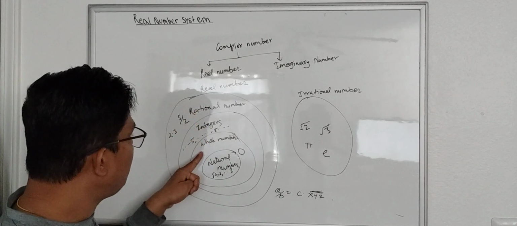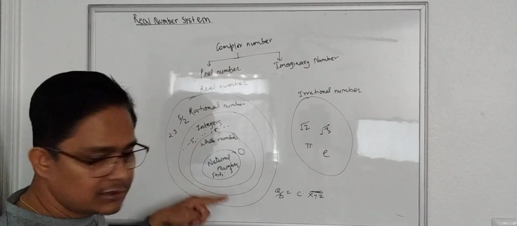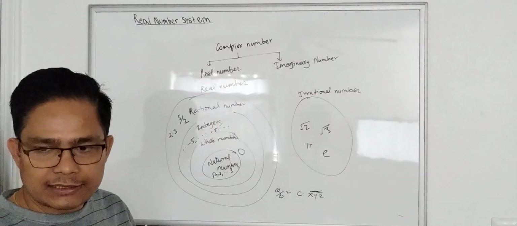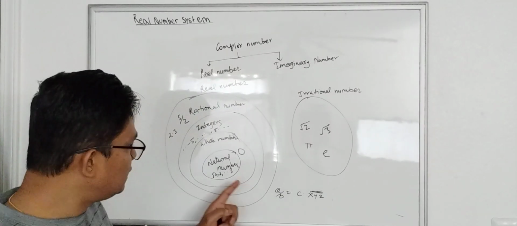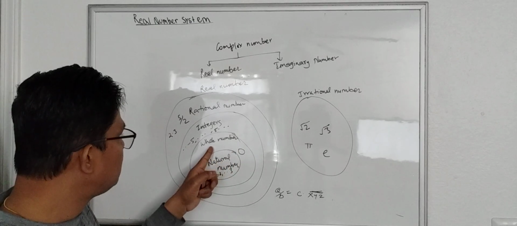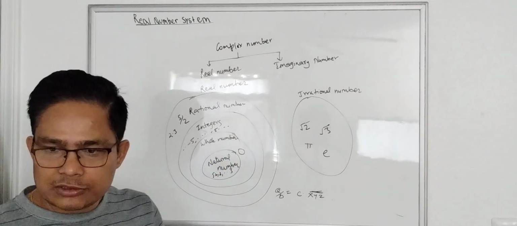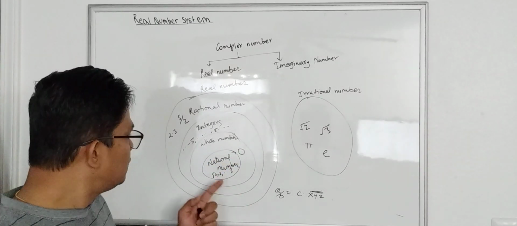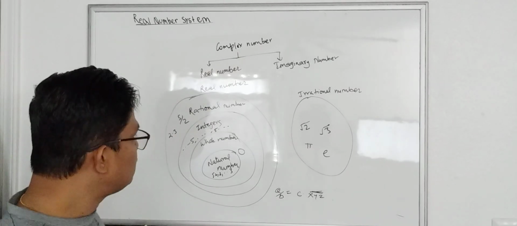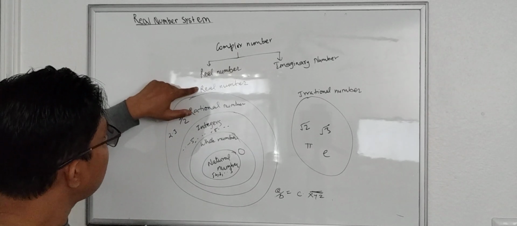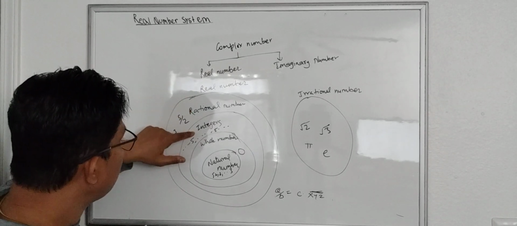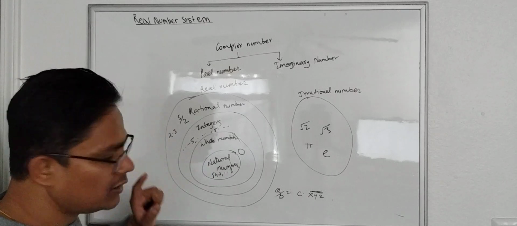And all the integers, negative integers and positive integers, they are part of real numbers. And natural numbers are 1, anything greater than or equal to 1. So those are the natural numbers. And the whole numbers include 0 and all the natural numbers. So basically, under real numbers, you have rational numbers, integers, whole numbers, natural numbers, everything.